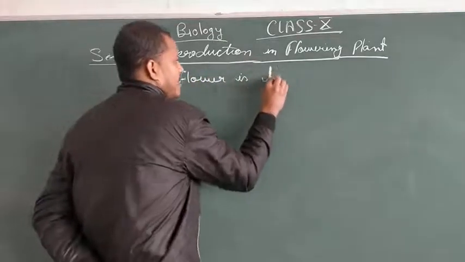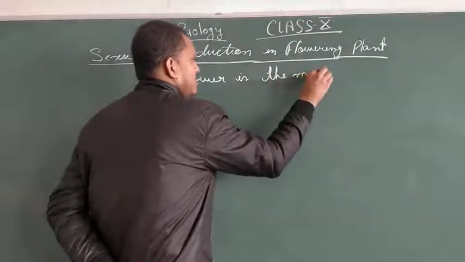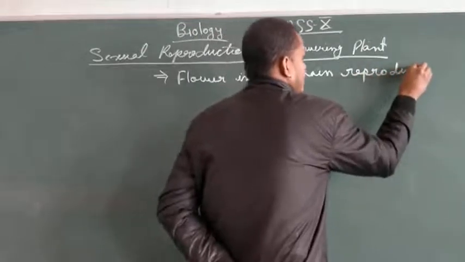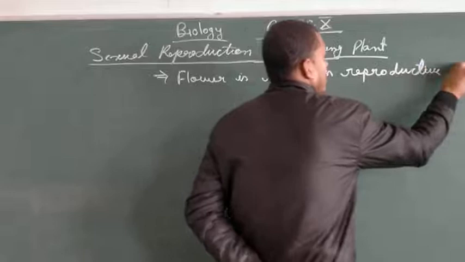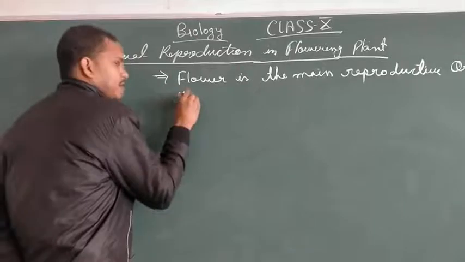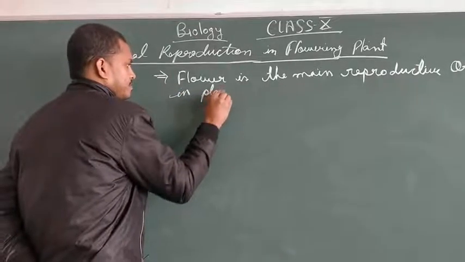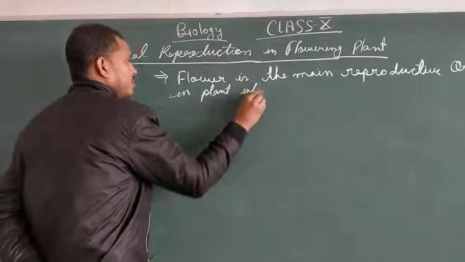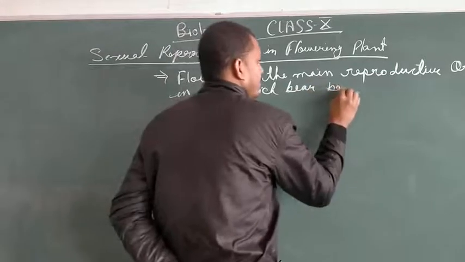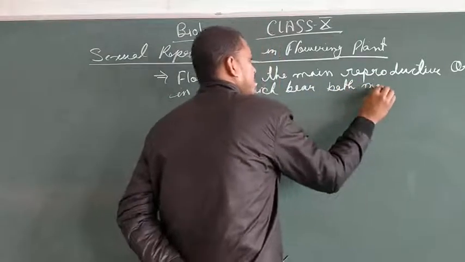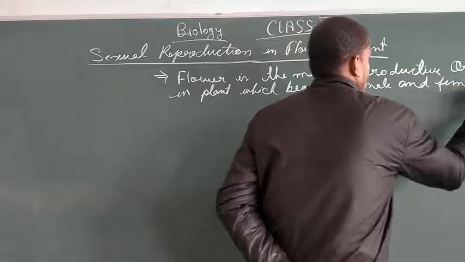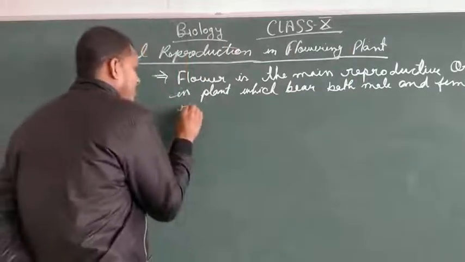Flower is the main reproductive organ in plant which bears both male and female reproductive organ.